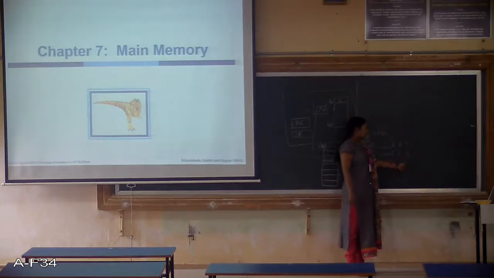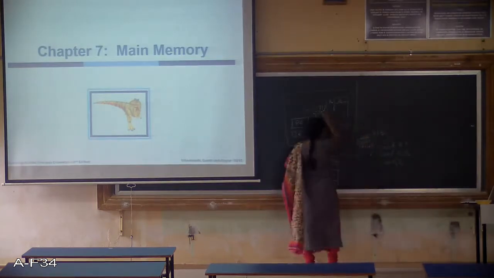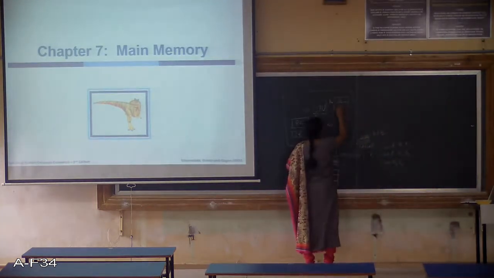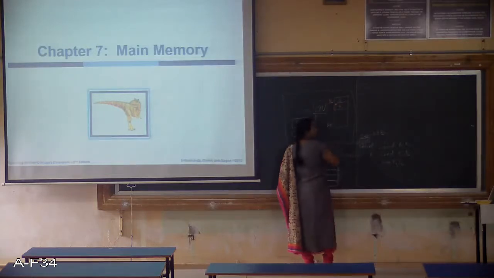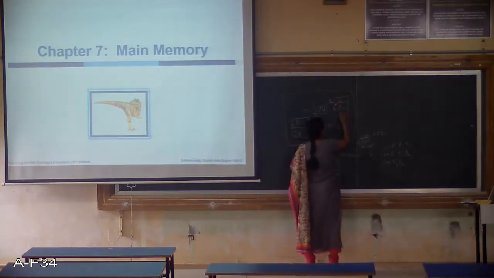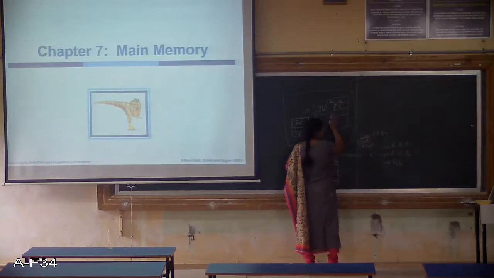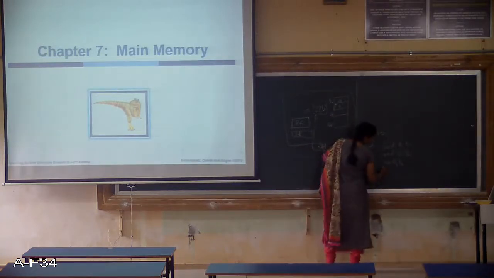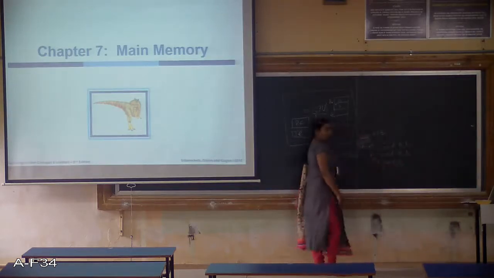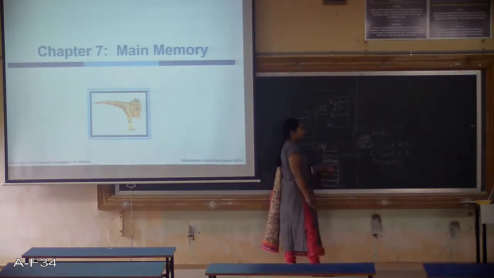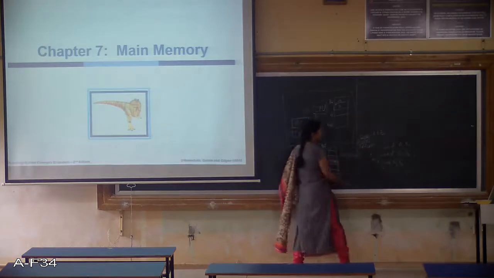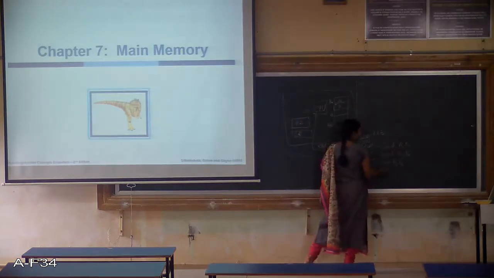Then sum R1 and R2, the CPU calculates it, and you will store that in R1, R2. It can be a 3-register instruction or something like that, or a 2-register instruction.